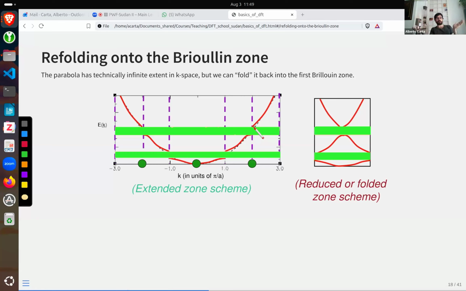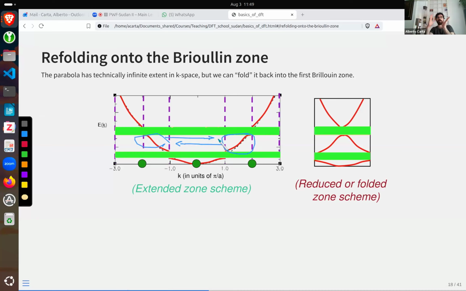So if you move all of these parts that are separated by the periodicity pi over a, this thing here can be moved by pi over a to the inside of the Brillouin zone.